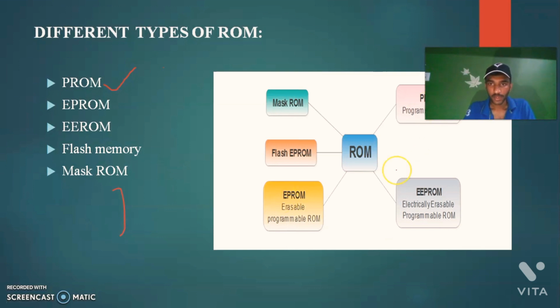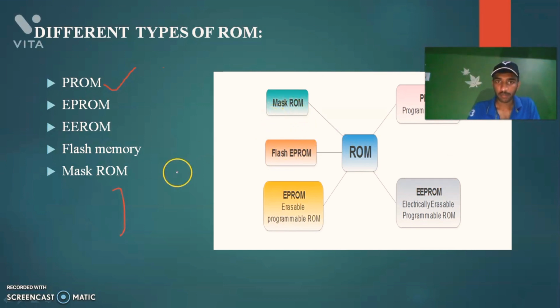PROM stands for programmable ROM, EPROM for erasable programmable ROM, and EEPROM for electrically erasable programmable ROM. Flash memory is also known as flash EPROM. There are different characteristics between EPROM and flash EPROM.